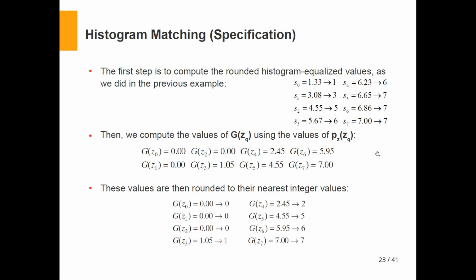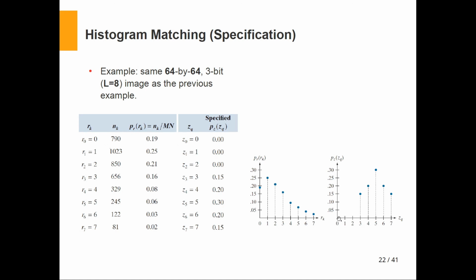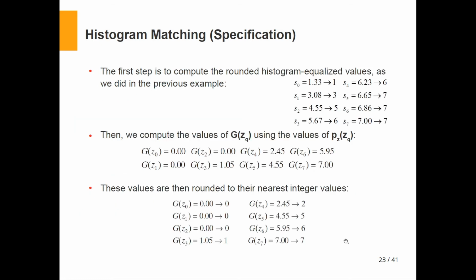For the second step, we do the same for the output histogram. So we find the value for g of z0 to be 0, g of z1 to be 0, g of z2 to be 0, and if I go back one slide, you see that these three values are 0, so the summation over the range will also result in 0.